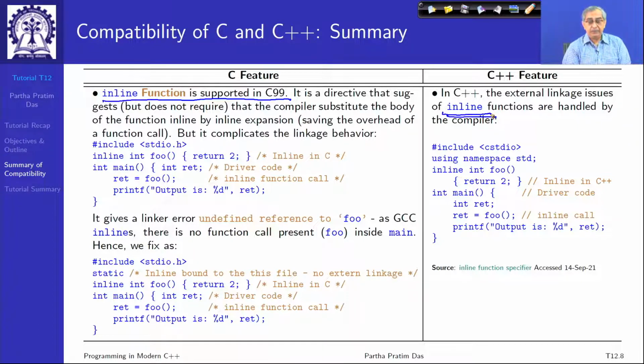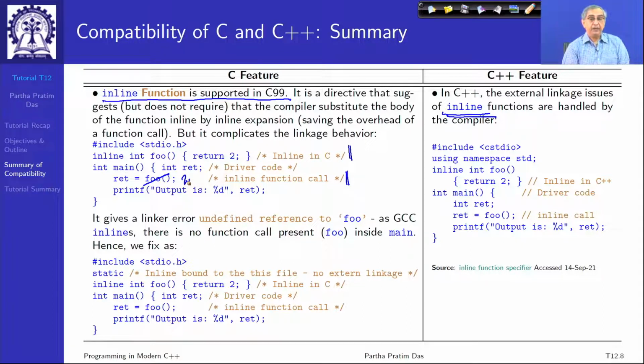Like C++, it is a directive. So, if I declare this function foo as inline, then at this call the compiler might decide to directly replace the code and optimize. Basically this call to foo will be replaced by just the value 2 that it returns, because it is again compile time computable.